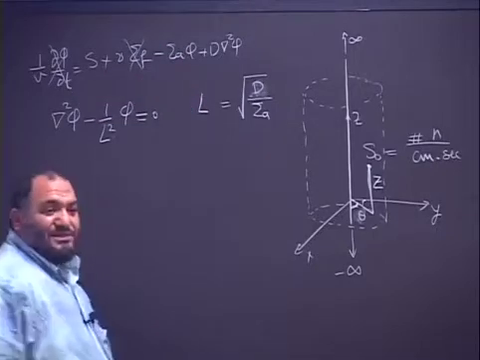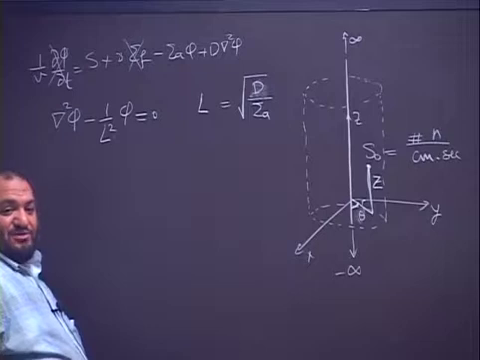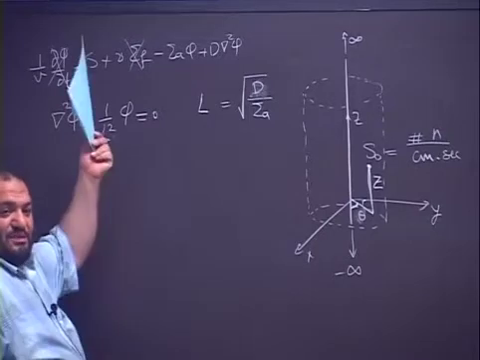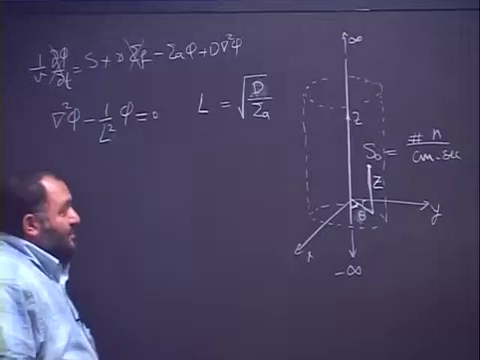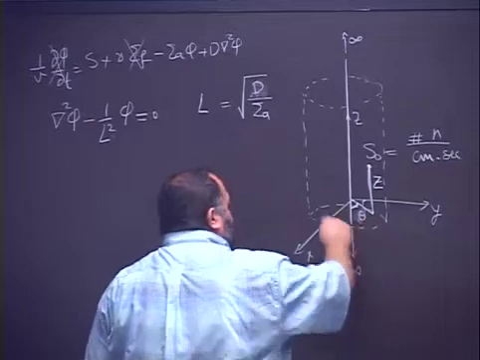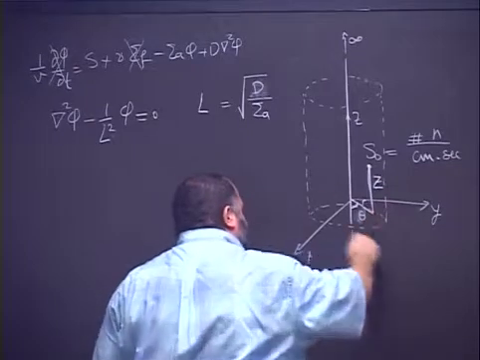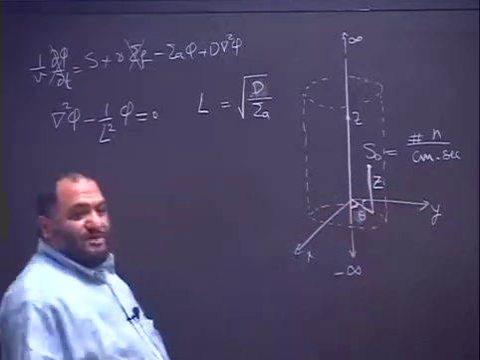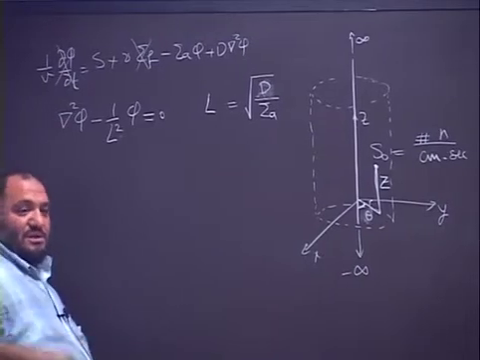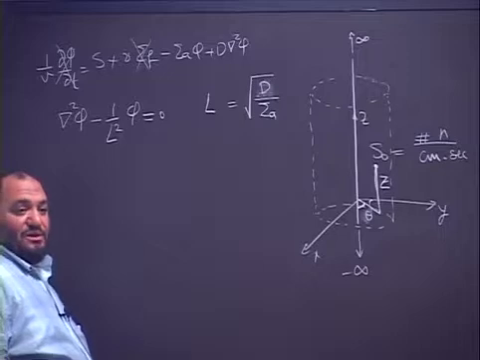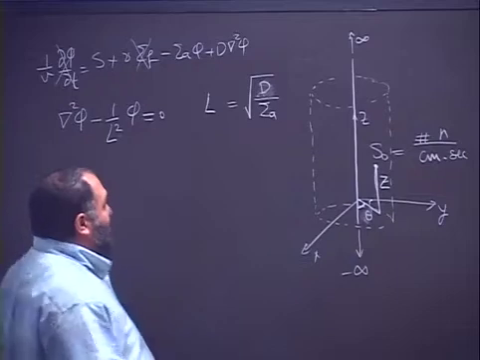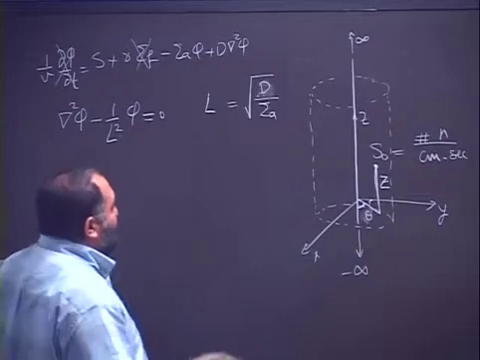So you do not expect any dependence on the z direction for the flux, because the line goes from negative infinity to plus infinity. Also, if you move around in the azimuthal theta direction, you do not expect any change in the flux around the line source. So you eliminate theta and z, and only expand in r.